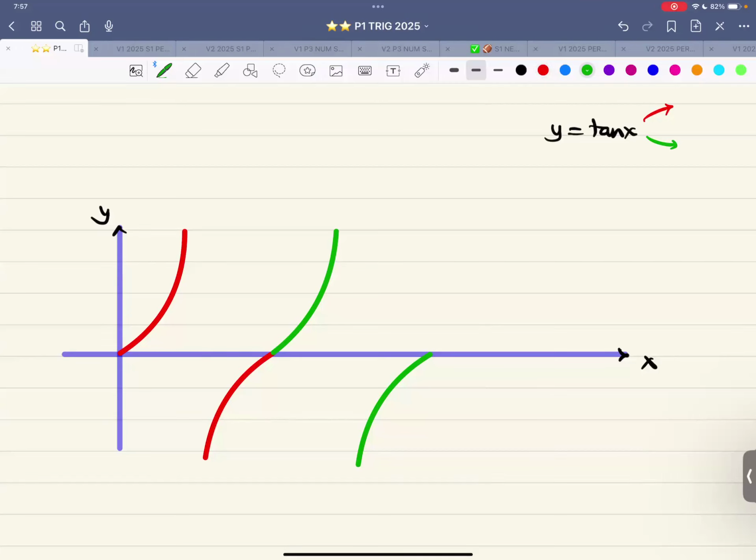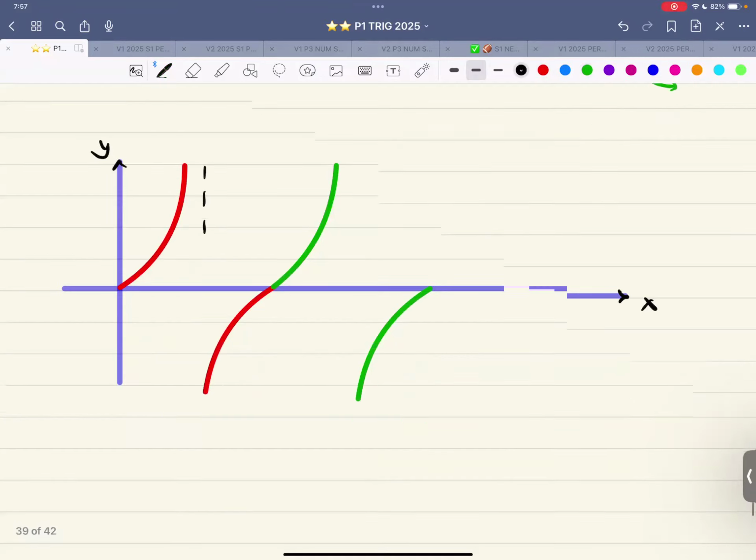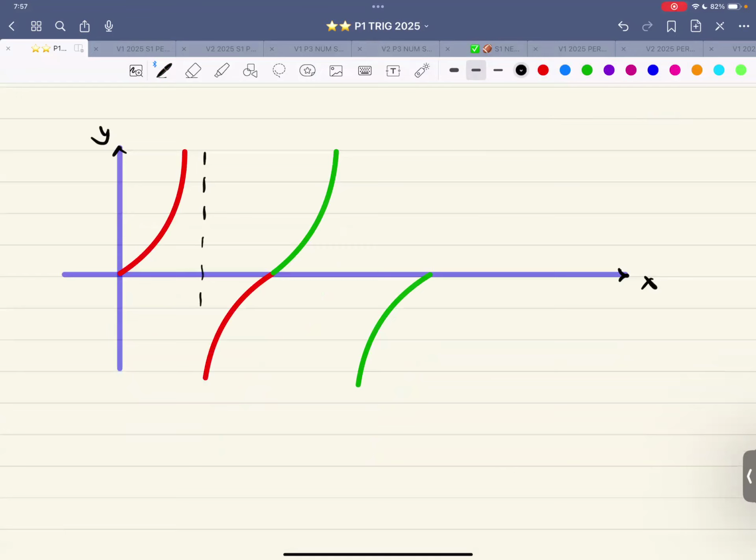And let me mark some major points. That is over here. This is 90 degrees. This is 180. This is 270. This is 360.